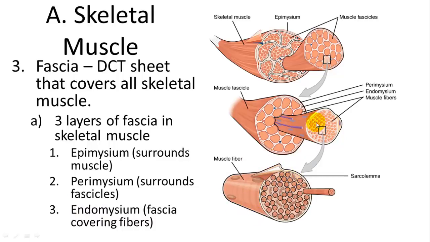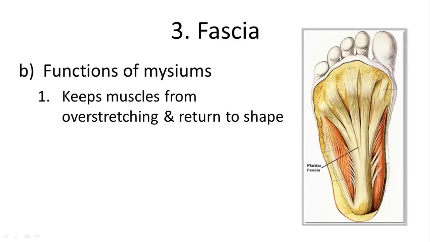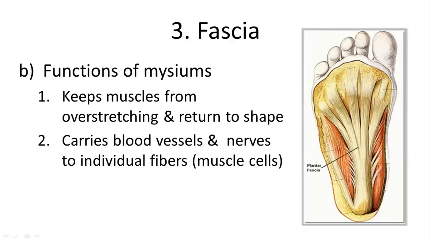And then the endomysium has many different muscle cells within it. The function of these mysiums is to keep the muscle from overstretching and allow it to return to shape. It encapsulates the whole thing, and it also can provide a passageway for blood vessels and nerves to individual cells or individual fibers.